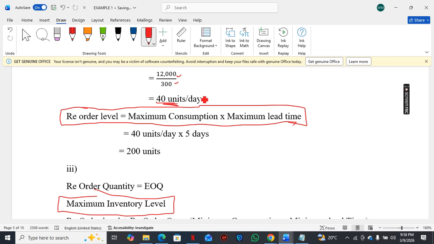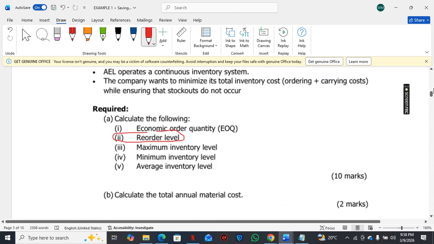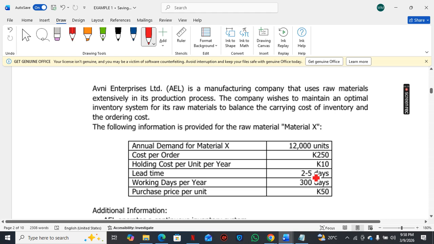So your average consumption is going to replace your maximum consumption and your minimum consumption. So I've put the average under maximum consumption. Maximum lead time, in the question they told us it's 2 to 5 days, so the maximum lead time is 5 days.